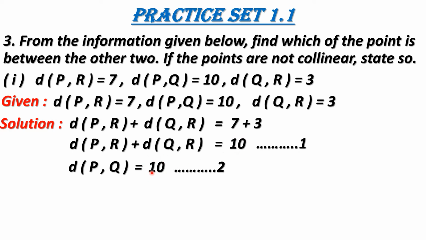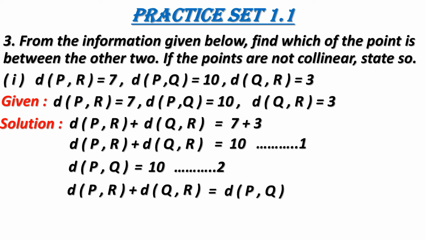It means the right hand sides of both equations are equal, and we know that if the right hand sides of any two equations are equal, then their left hand sides will also be equal to each other. It means distance PR plus distance QR is equal to distance PQ.